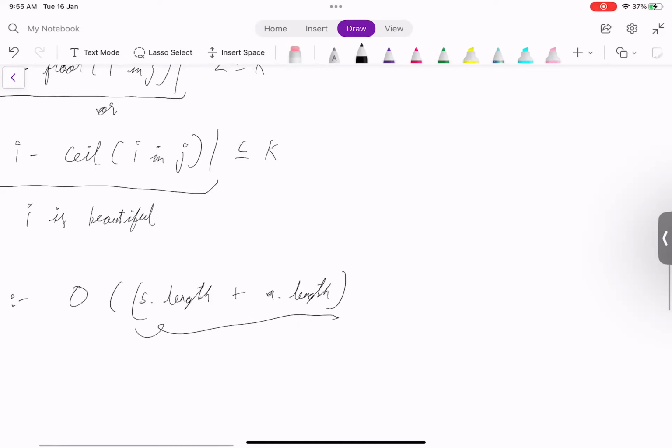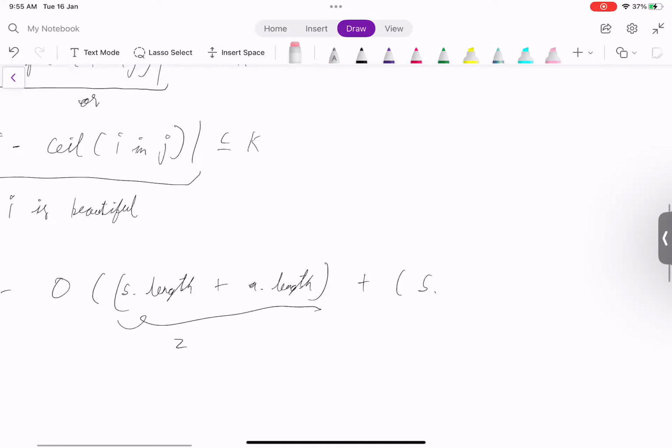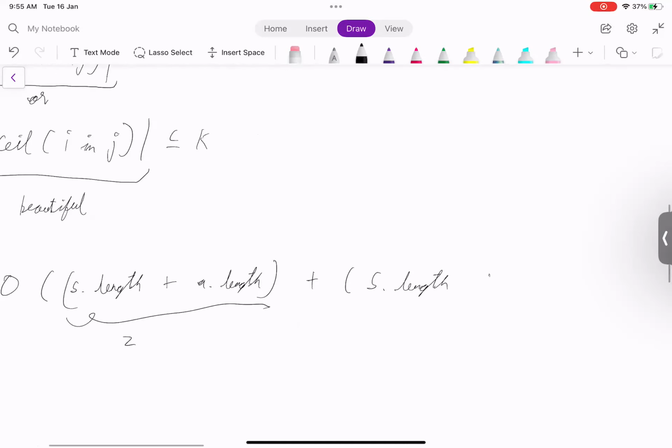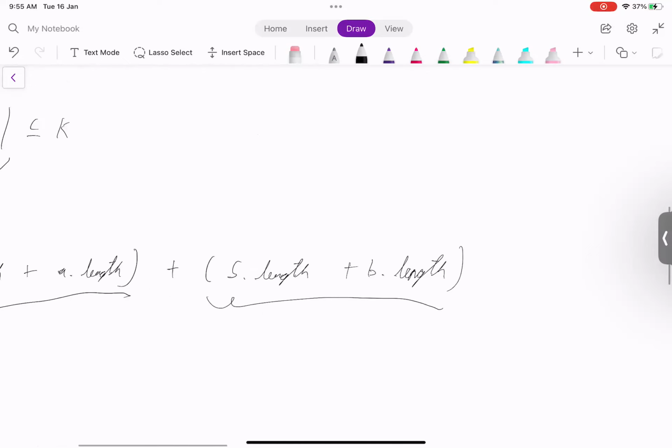This is when we perform Z or KMP for a, considering a as the pattern, plus again performing Z or KMP assuming b as the pattern. It would be s dot length plus b dot length. This is for the second KMP or Z that we use.